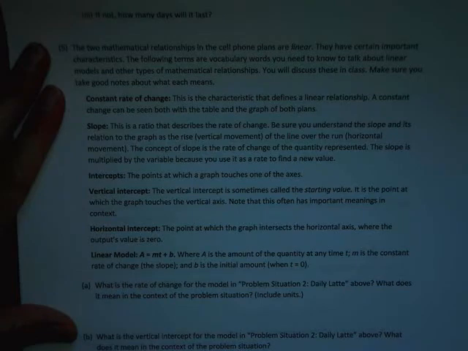Okay? All right. So let's look at this one, the data. I mean, we've answered these already, but we'll just fill in. I'm on page 467. So what are the rates of change of the two models? Okay.